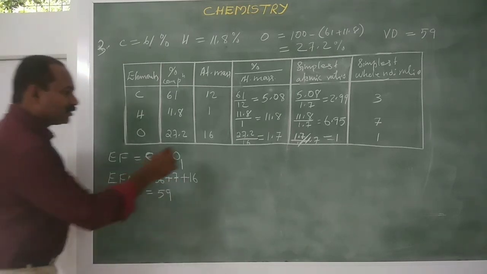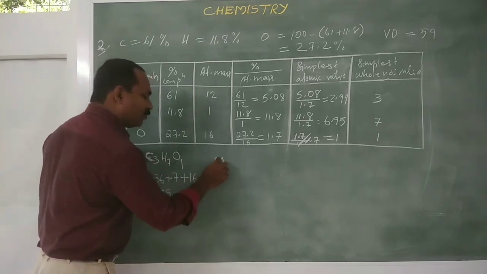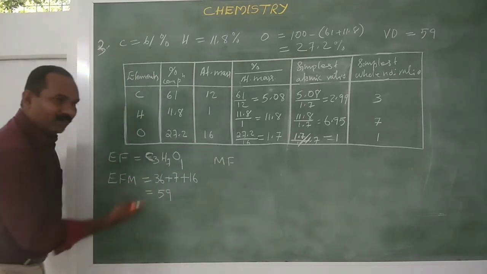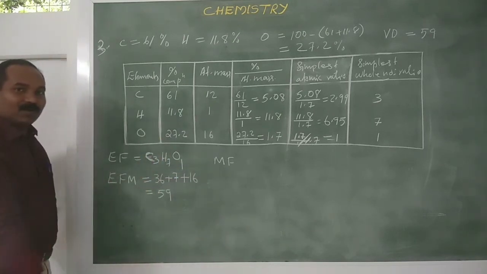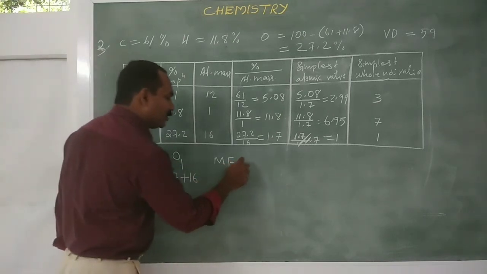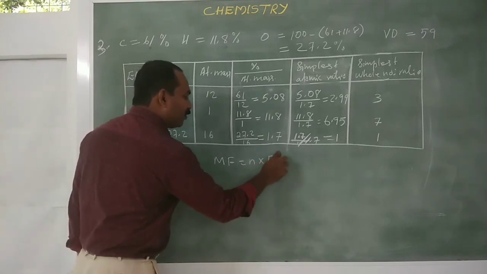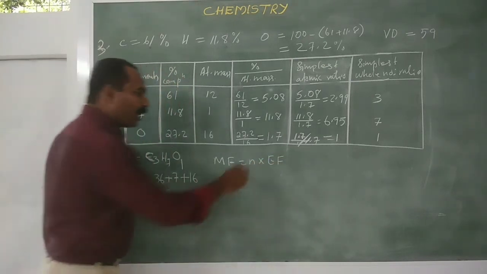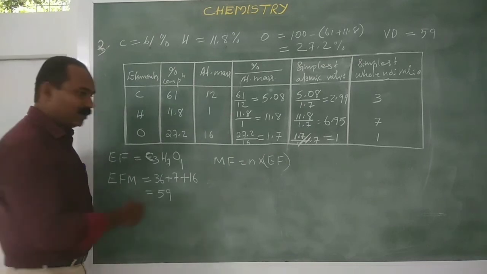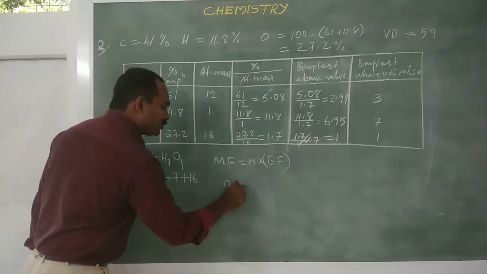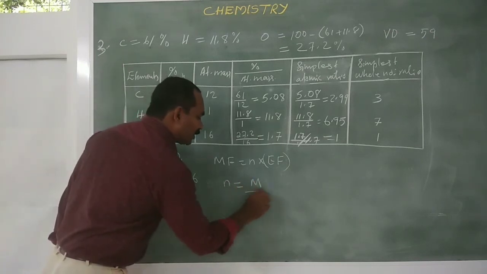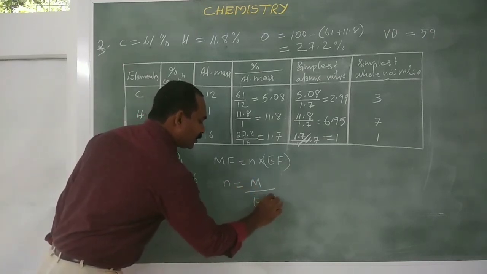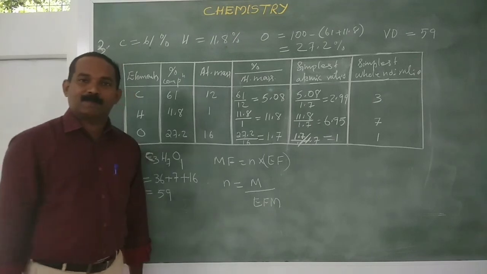Then the molecular formula. You write one by one in the notebook, and just follow downward. Molecular formula is n into the empirical formula. So what is n? n is equal to molecular mass divided by empirical formula mass.